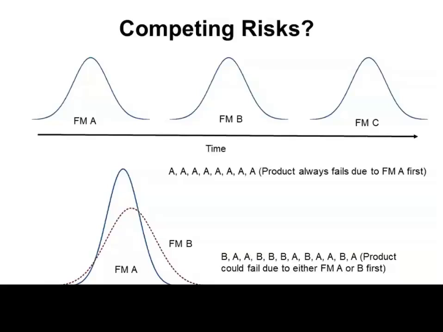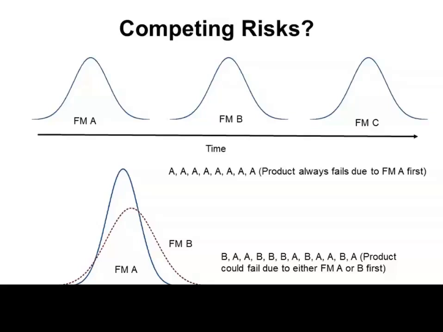I have three different distributions corresponding to when failure modes A, B, and C occur, and time is on the x-axis. Where the curve is high, we expect more failures to occur, and by the time the curve has pretty much flattened out at the right tail, that means pretty much 100% of the population will have failed for that failure mode.